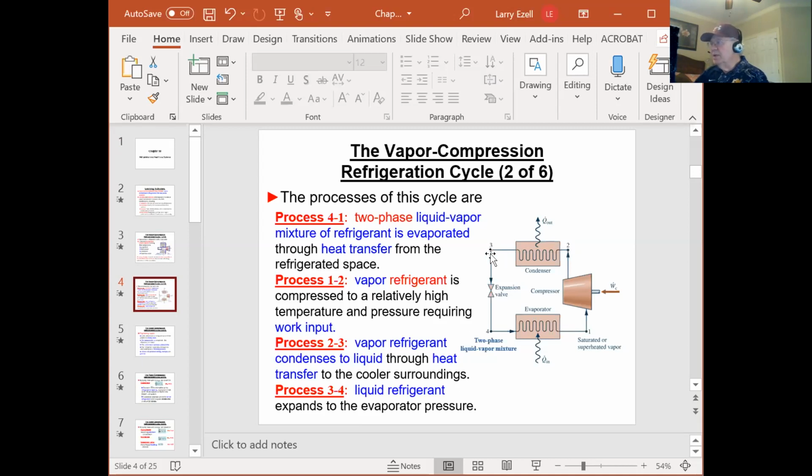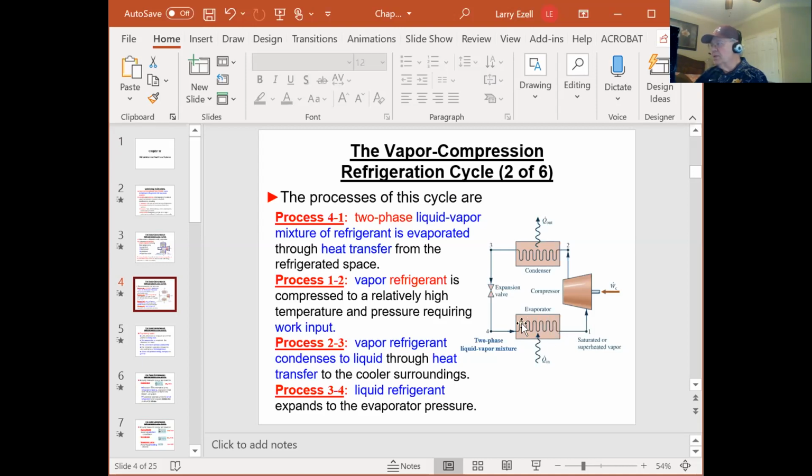And then the expansion through the throttle valve is a constant enthalpy process. It goes from a saturated liquid at high pressure to a two-phase liquid-vapor mixture at the pressure of the evaporator. By the way, when you design this system, let's say I want to use it in a household as an air conditioner.